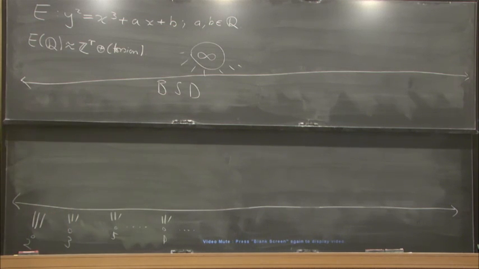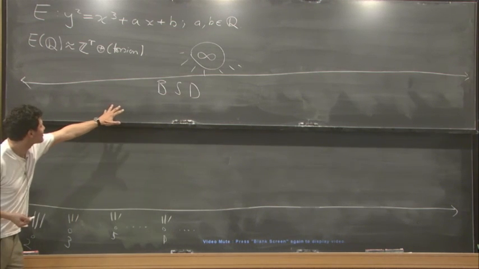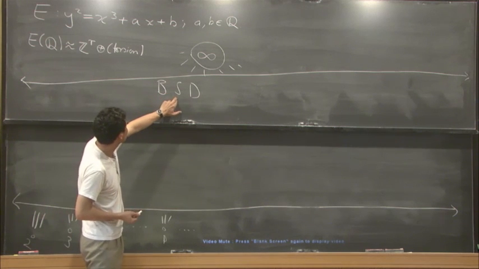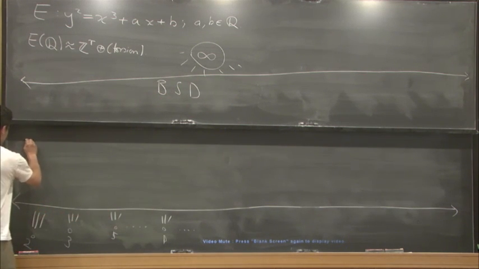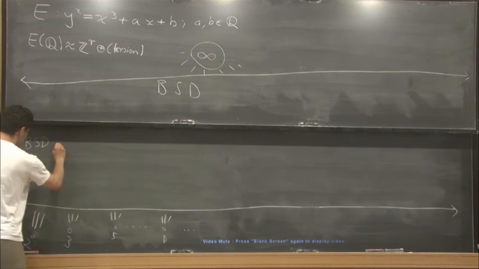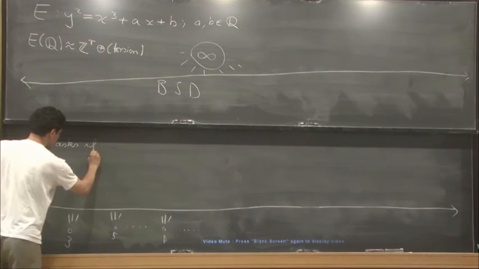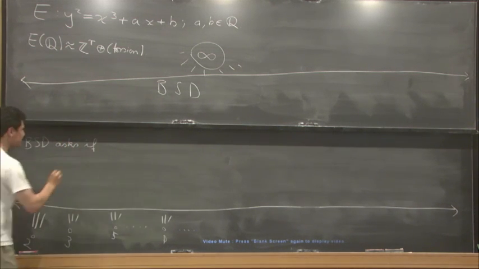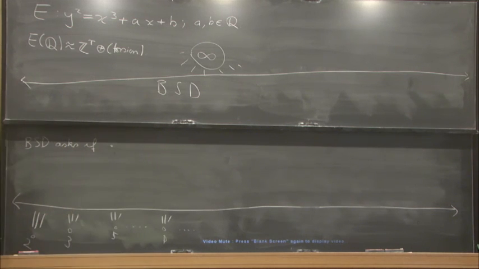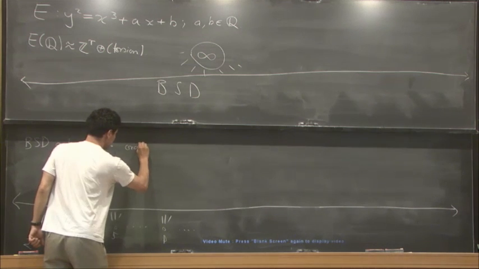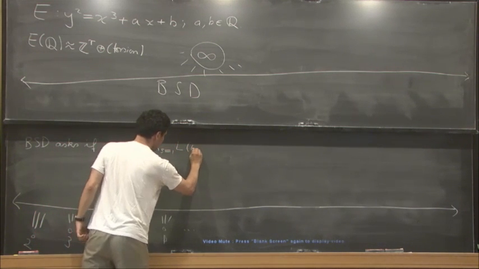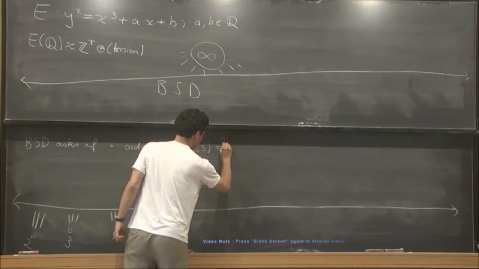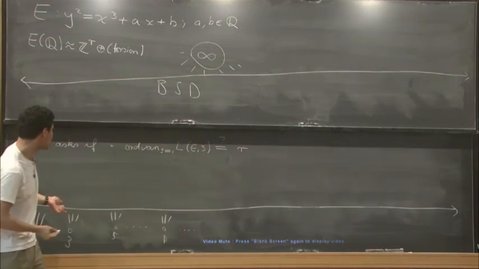So let me state the conjecture of Birch and Swinnerton-Dyer in this context. So classical BSD asks if the order of vanishing of the L function at a special value is equal to the rank.